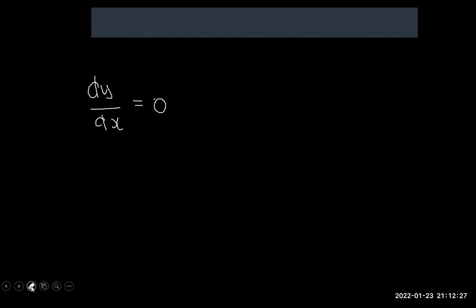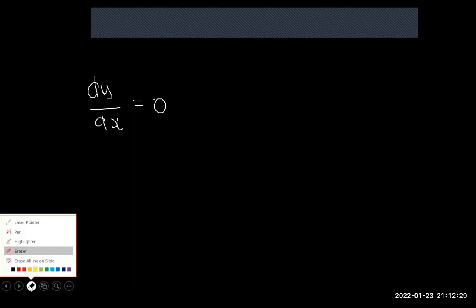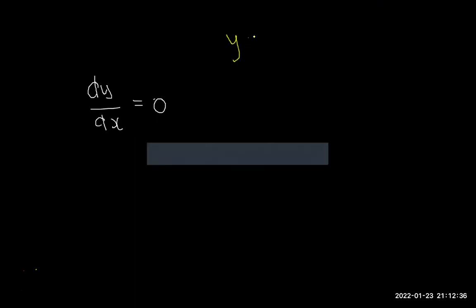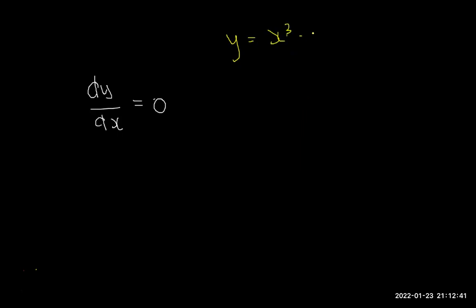I am given this equation. y is equal to x cubed minus 5x squared plus 3x plus 1. So if I want to find dy on dx, what would be my answer?